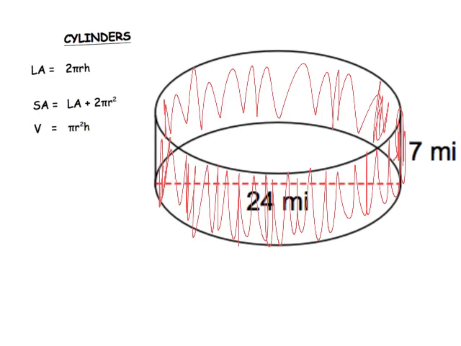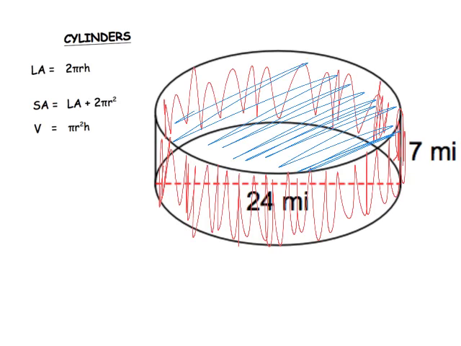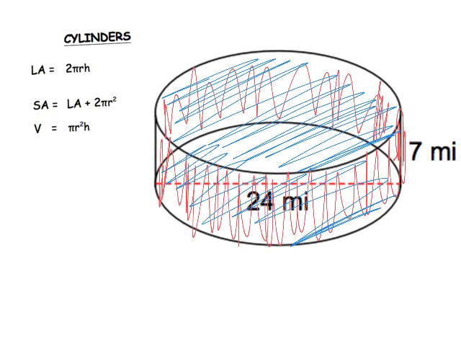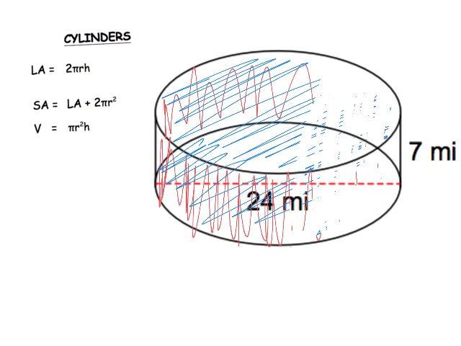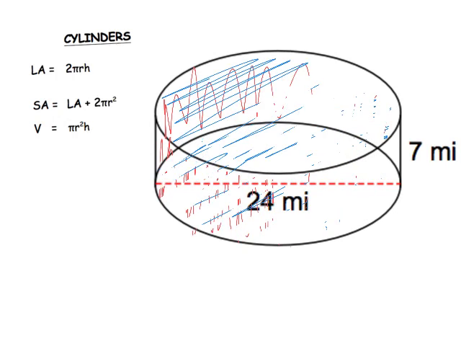Then surface area would be I take the sides and then I'm also going to add the top that I'm coloring in blue and the bottom that I'm also coloring in blue, right? So the surface area would be the area of the entire surface. Lateral area is just the area of the sides. And then volume, of course, is how much space we can put in there. Or, sometimes you think in terms of how much water can you put in the cylinder.